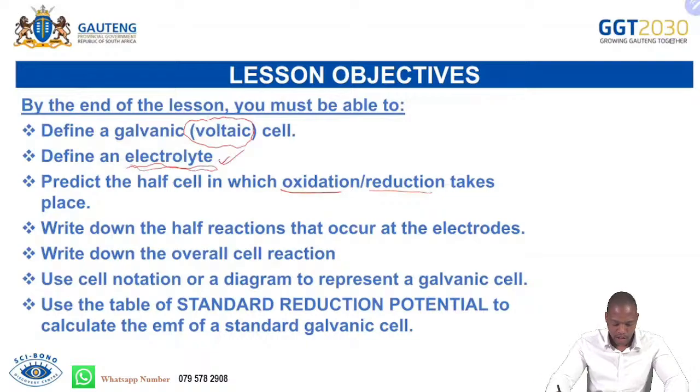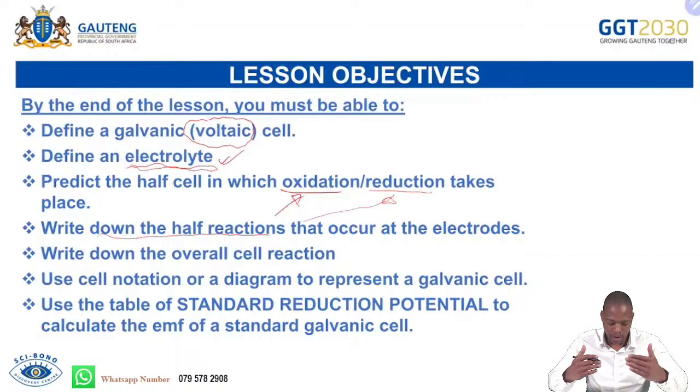Then you must be able to write down the half reactions that occur at the electrodes, the oxidation half reaction and the reduction half reaction.